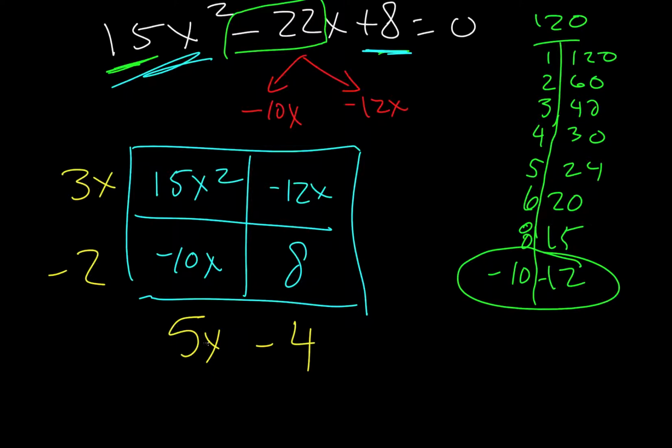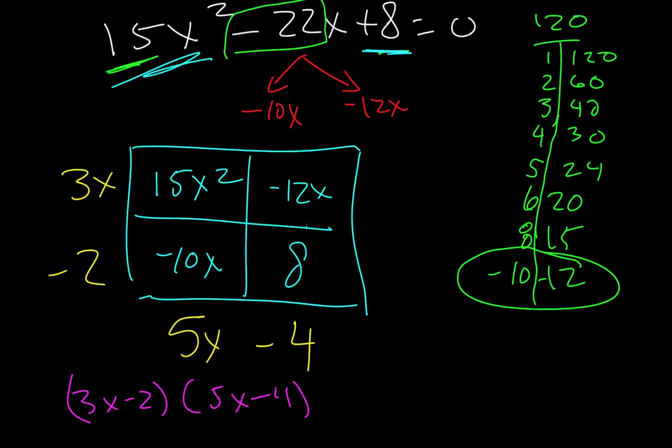So 3x times 5x is 15x squared, 3x times negative 4 works there. Negative 2 times this makes that. Negative 2 and negative 4 makes positive 8. So we have 3x minus 2, 5x minus 4.